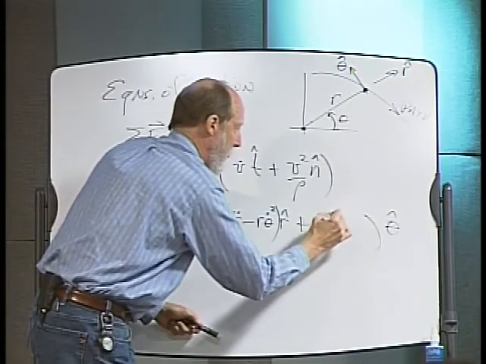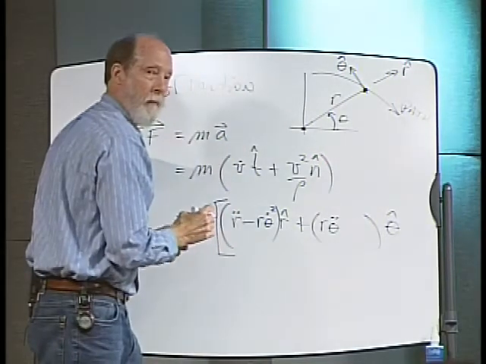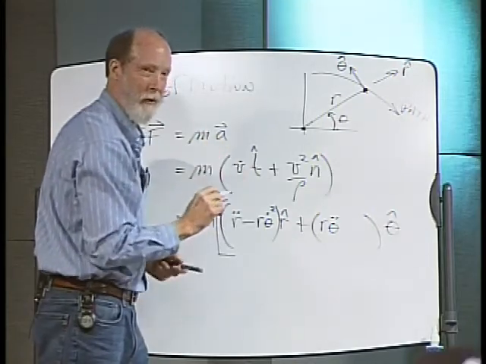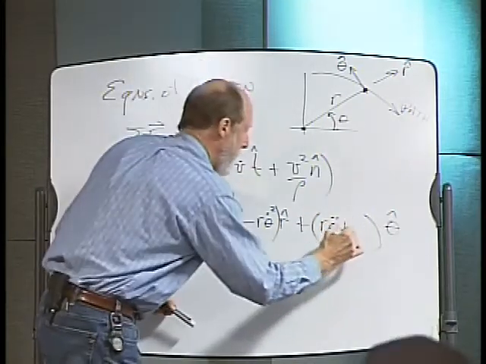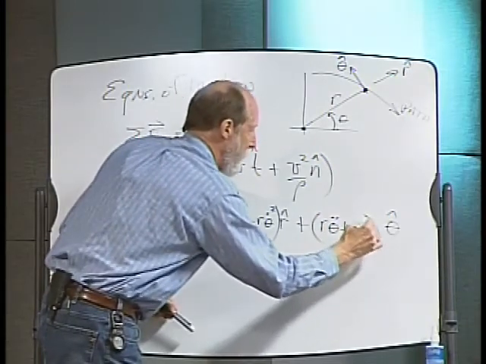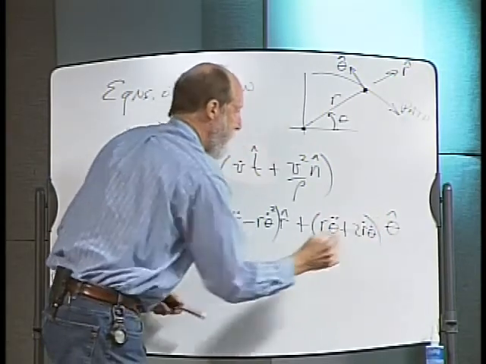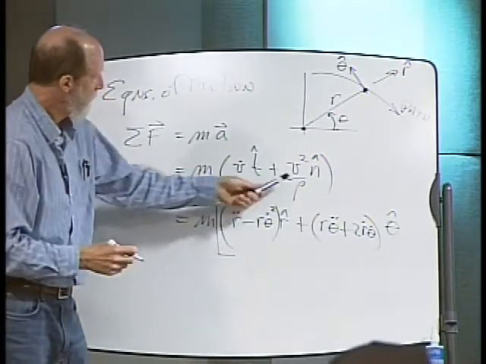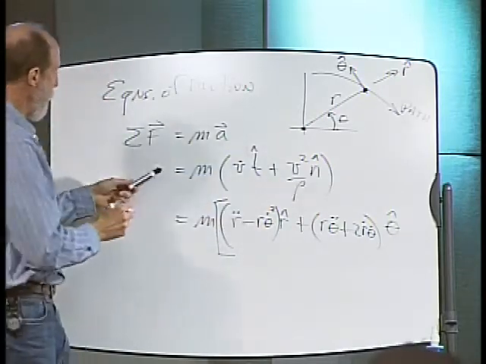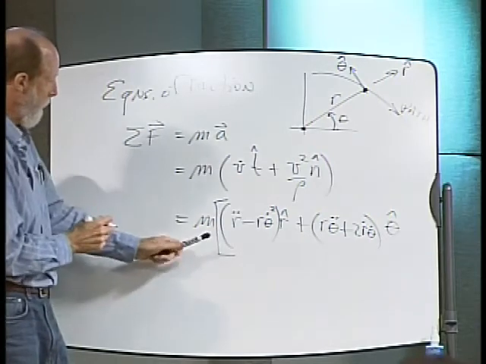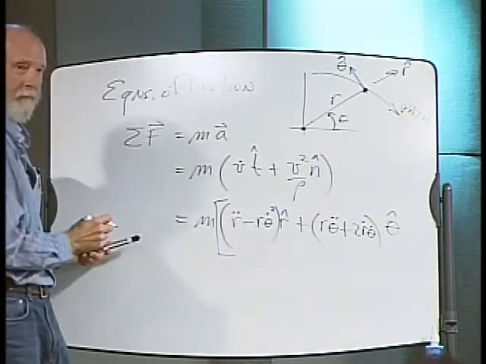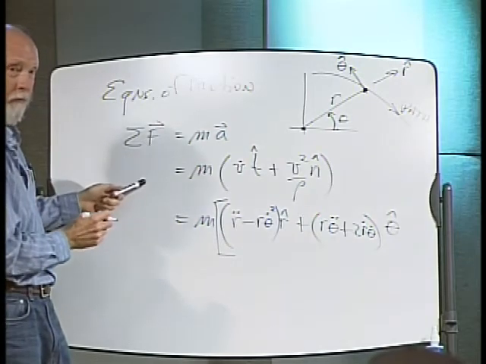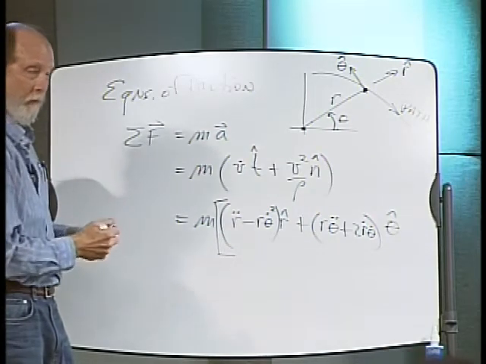It's r theta double dot. And then there's the screwy one, which is the Coriolis effect, and that's additive, r dot theta dot. So we have this path-dependent coordinate system for applying Newton's second law, and then we have the polar representation here. And again, these are equal to the sum of the unbalanced forces acting on the object.